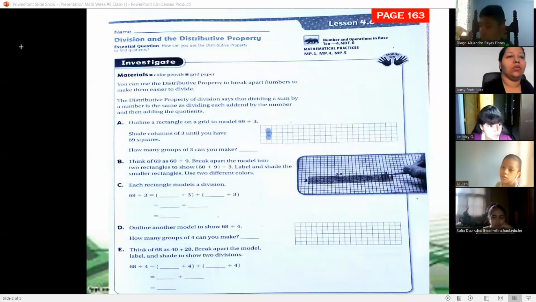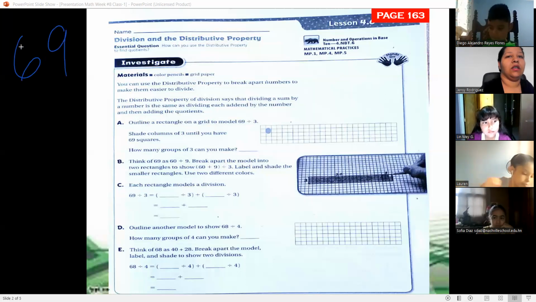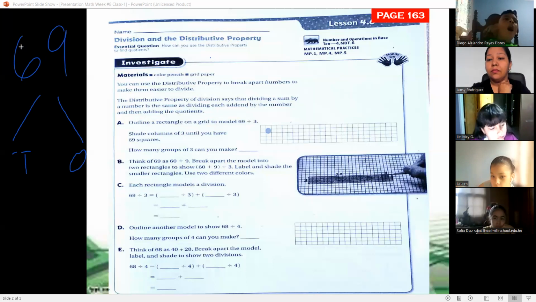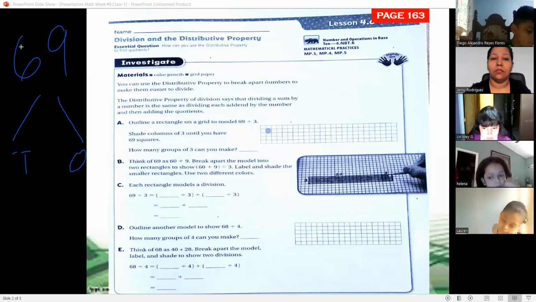I have 69, and I need to break it apart into tens and ones. How can I break them apart?